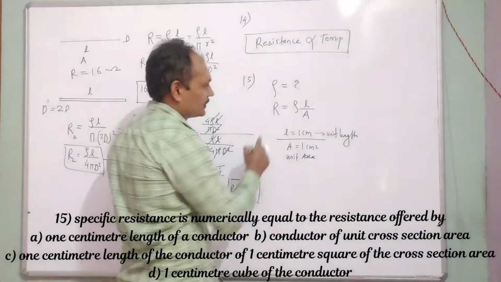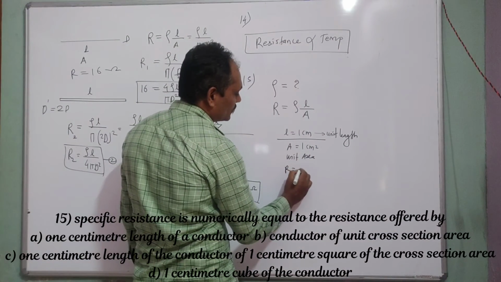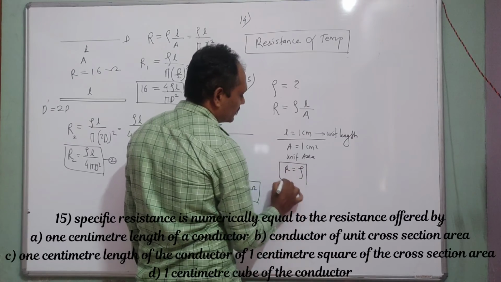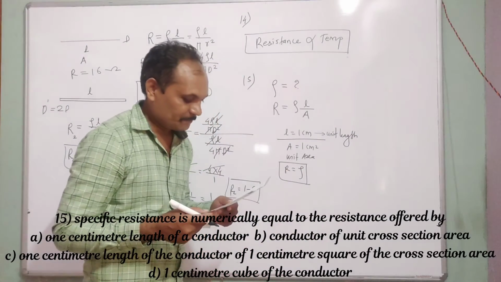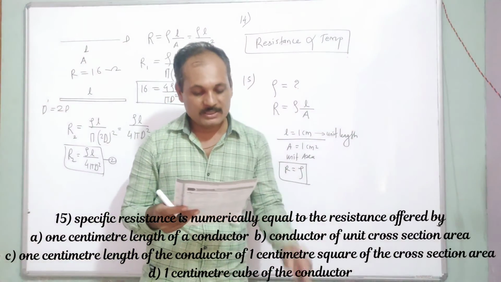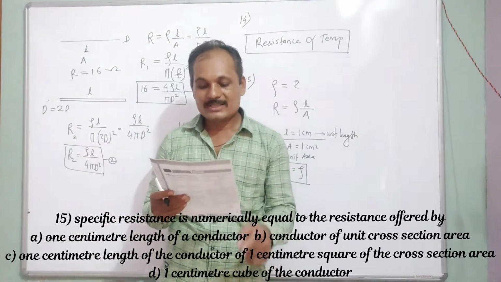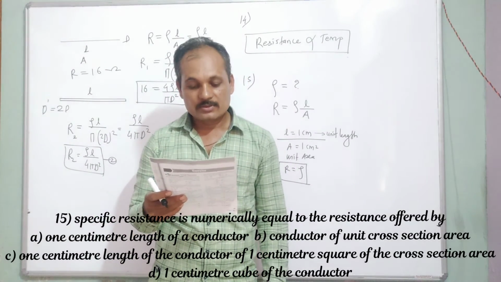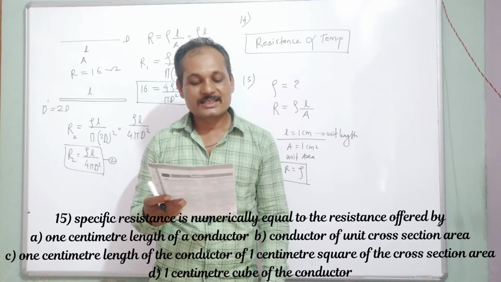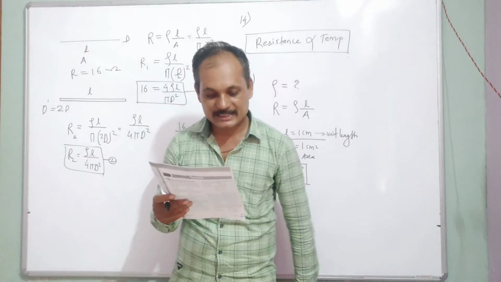At that time R is equal to rho, the specific resistance of the wire. Therefore, it is the resistance of a 1 centimeter length of conductor of 1 centimeter square cross-section area. Option number C is correct.